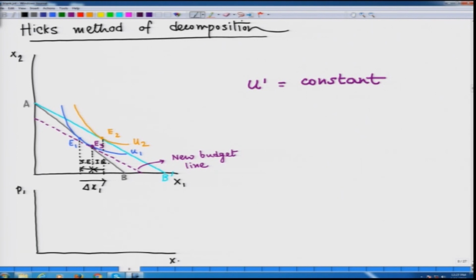So, let us talk about two different price levels, say P1 to start with, and then there is a fall in P1. So, P1 prime, and let us now superimpose these consumption choices on this panel B graph.